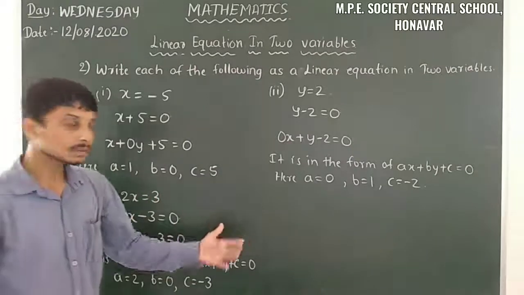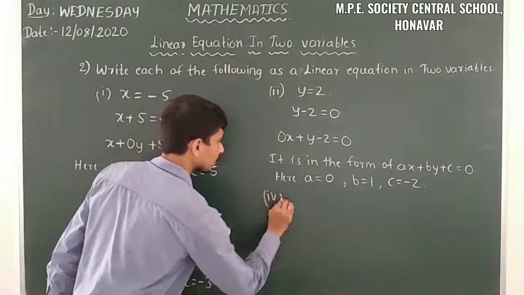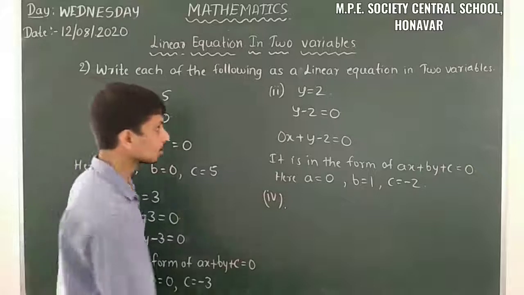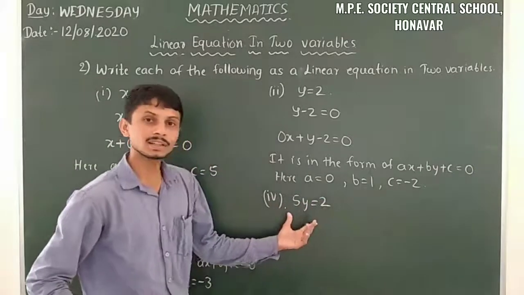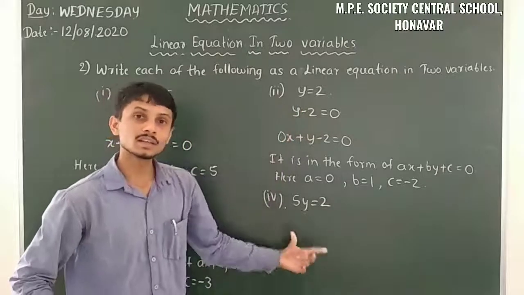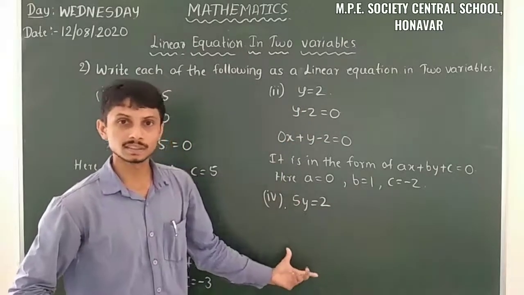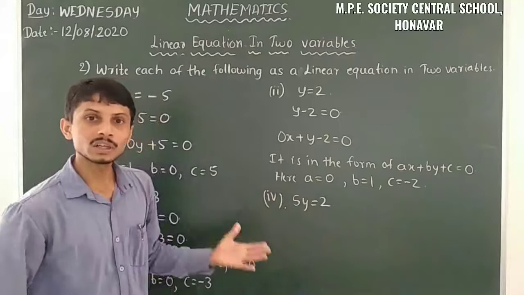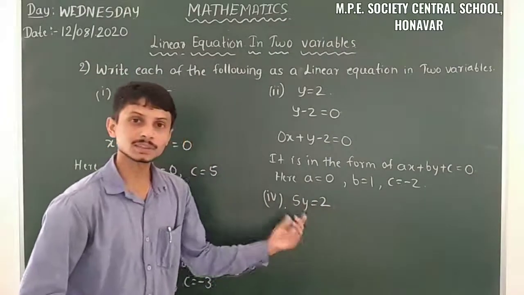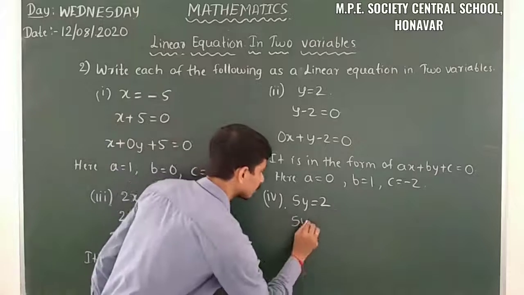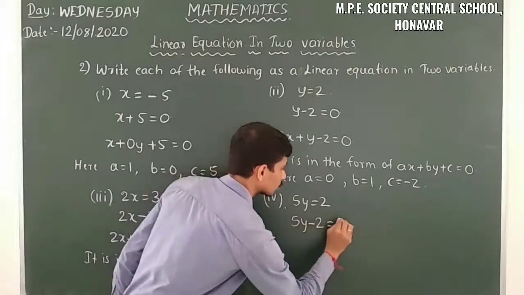Then take another problem, that is the fourth problem. 5y is equal to 2. Similarly to the second case, here the coefficient of x is 0. So we have to take it in that way. Firstly, we have to transpose this 2 to the LHS side. It becomes 5y minus 2 is equal to 0.